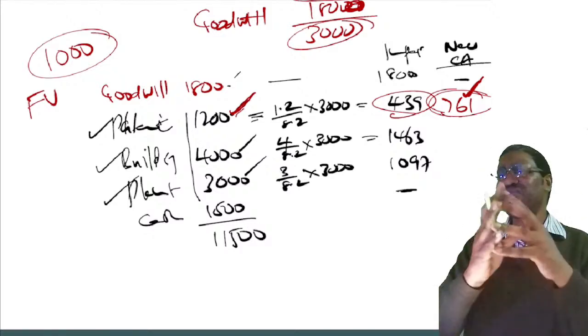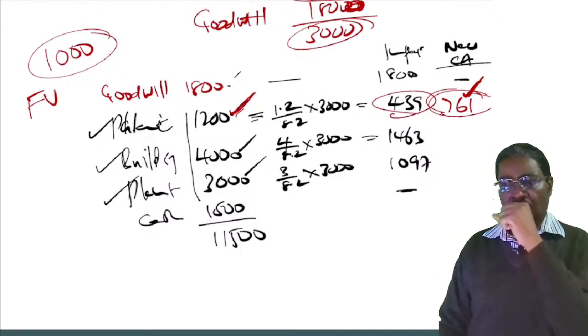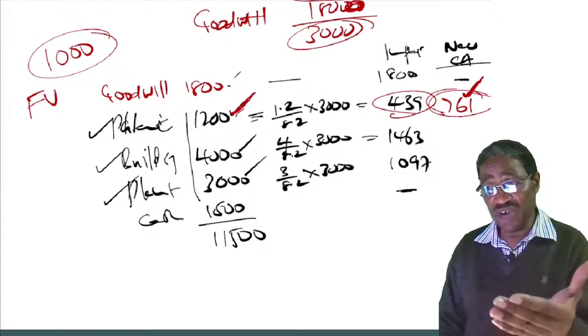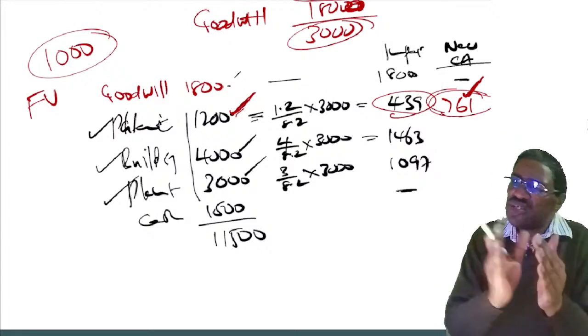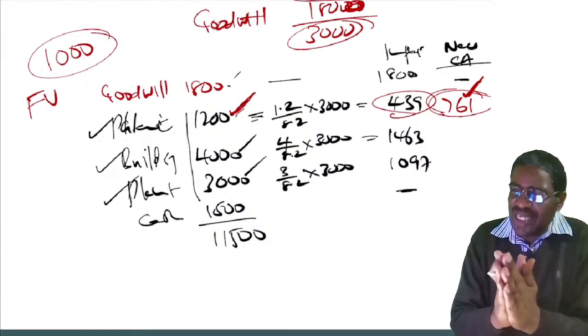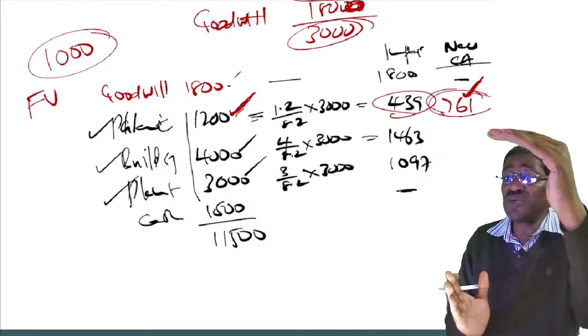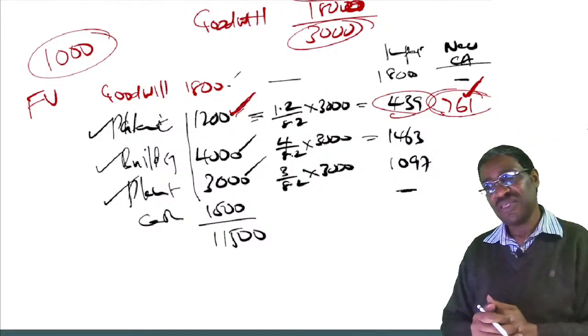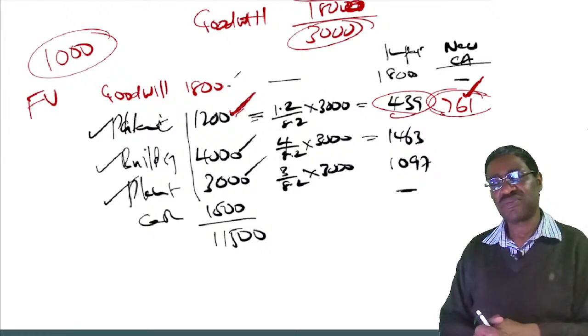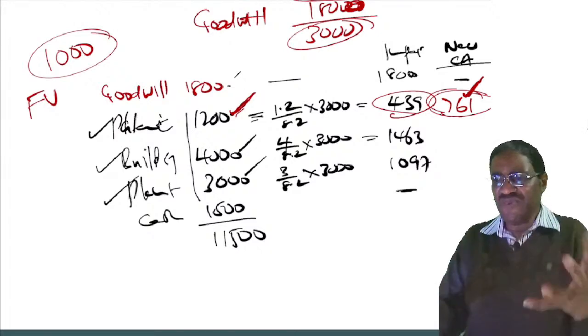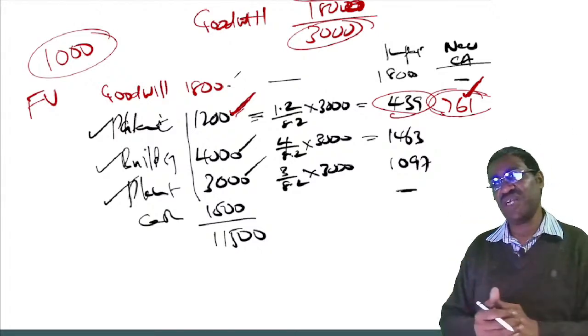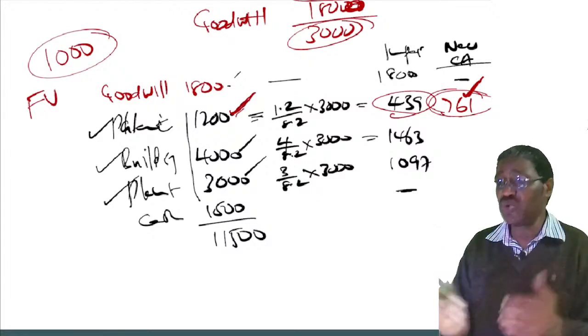Even when assets are revalued, they will normally revalue them to their fair value. So there is no way you can say in your books that I have an asset here which has a value of 761, but the fair value is 1 million. That asset must be revalued, because you normally revalue assets to their fair value. Okay, that's the purpose of revaluation.